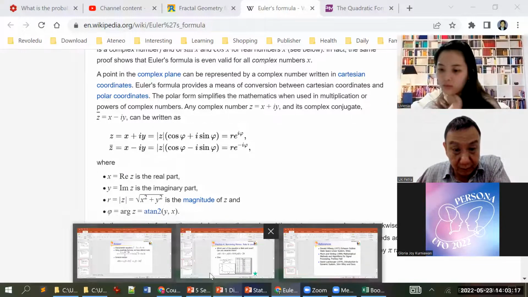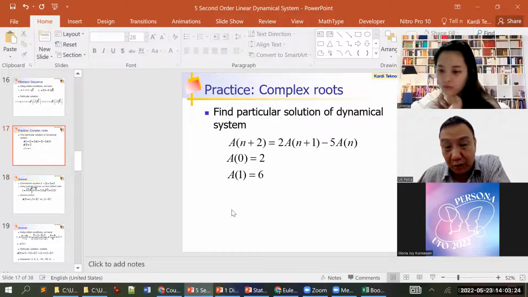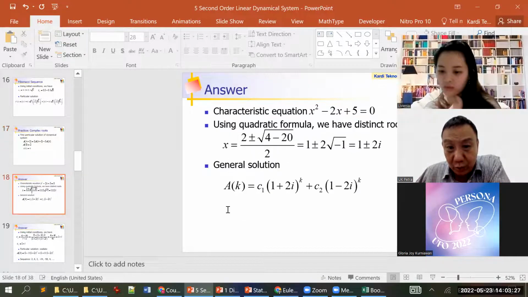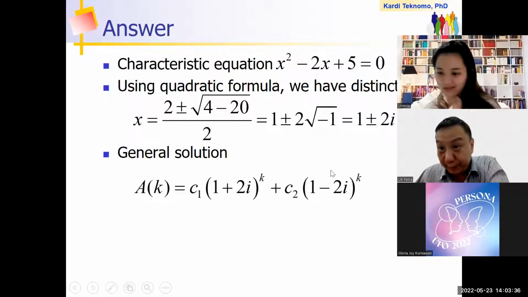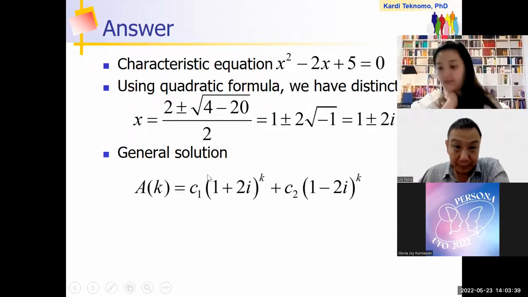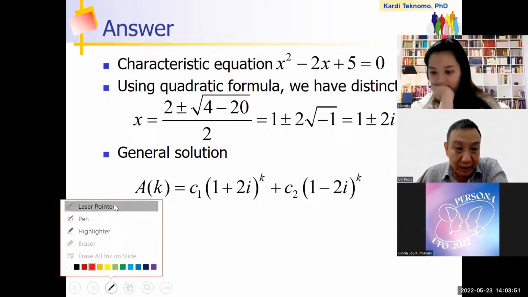What I want to emphasize here is, look, if you have a second order equation, or an equation of whatever order, and your solution is a complex number, something like this with i, that means the behavior will oscillate. Now you just put it into the general solution, because you get distinct roots.